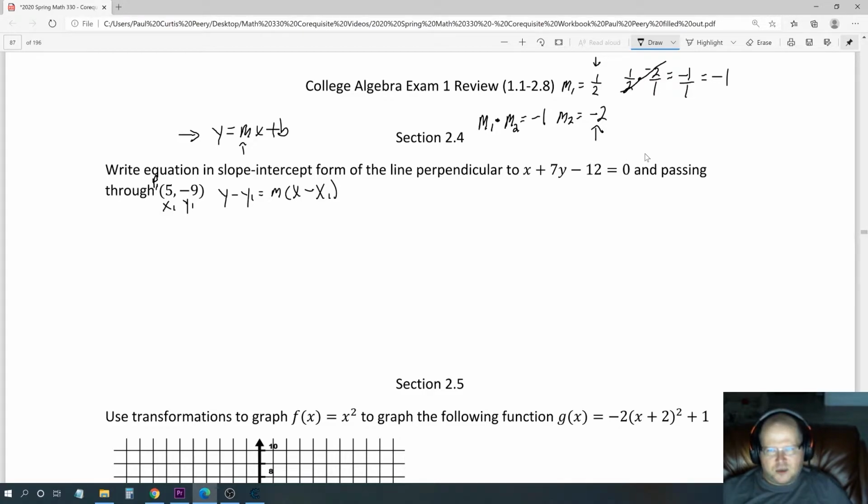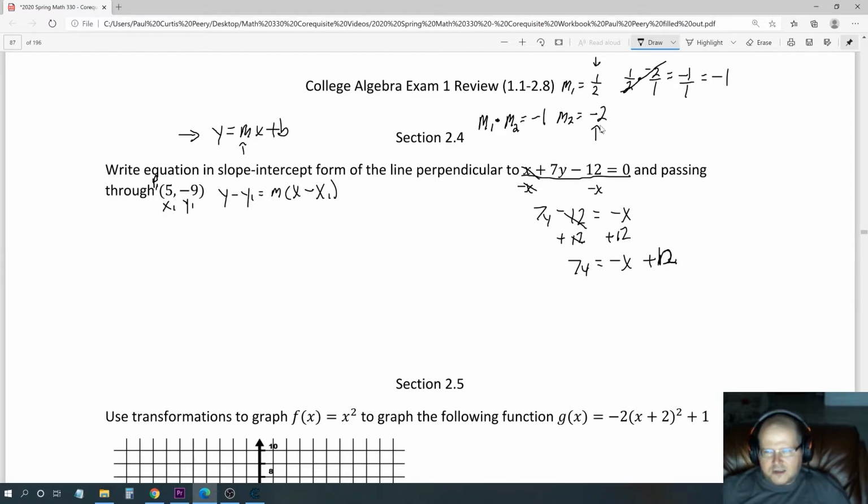So for instance, this equation right here, x plus 7y minus 12 equals 0. If we solve for y, the coefficient in front of the x is going to be the slope. So we say minus x, cancel, cancel, and that gives you 7y minus 12 equals negative x, and then you say plus 12, cancel, cancel. You would say 7y is equal to negative x plus 12.